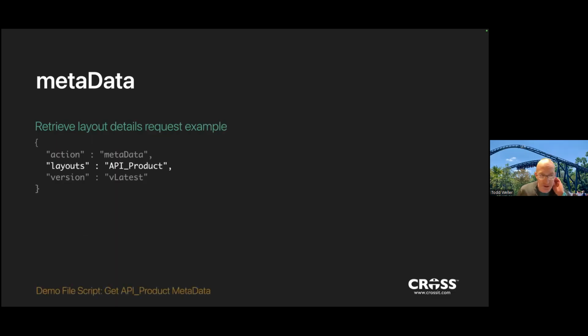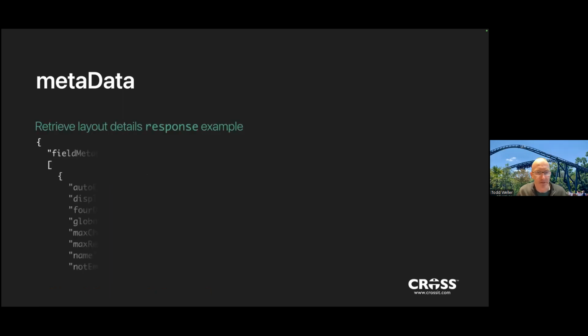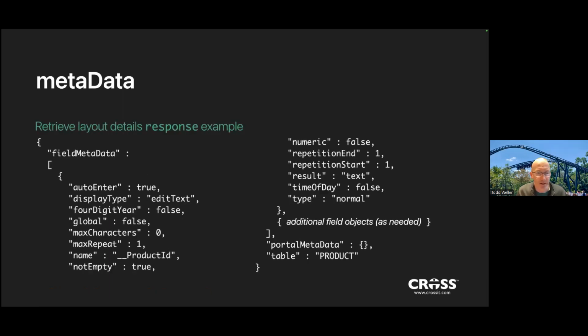Here's another example where we're just changing it up. We're going to use the layouts key this time, and we're going to specify a specific layout. When we use that request for our metadata, we get this response, where we're getting all the different metadata about each field that appears on that layout.